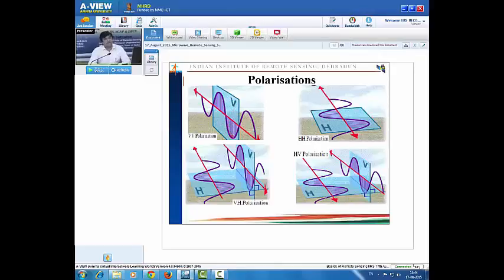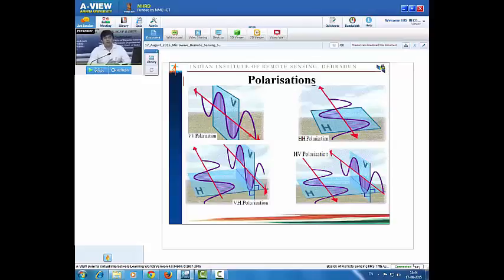At the time of receiving, the polarization will be broken. After interacting with the objects, the electromagnetic waves will start vibrating in all the possible directions. Some will be unpolarized, some will be vibrating horizontally.